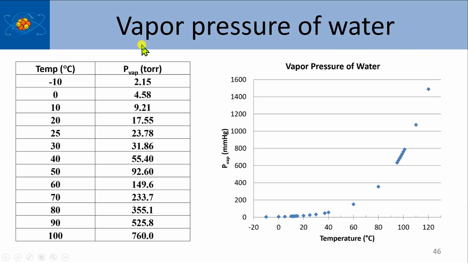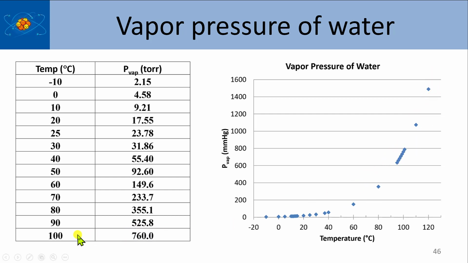So here's a table of water vapor pressures versus temperature. And I just want you to notice a couple things: as the temperature increases, the vapor pressure increases. Now, if you graph these, what you'll notice is initially the vapor pressure increase is fairly gradual, but as you get to higher temperatures, the vapor pressure increases exponentially with temperature.